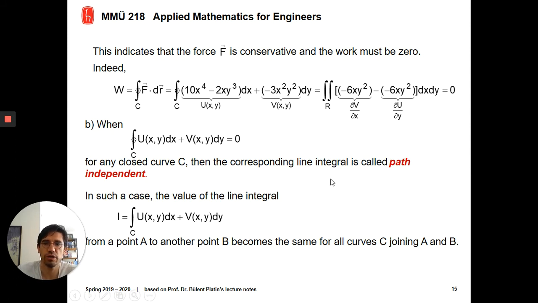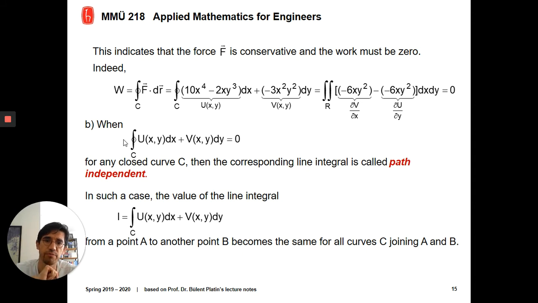And now we're going to the B part. It was asking us what is the work done, not in a closed loop, but if you start from the origin and go to (2,1). I'm free now, since I had pinpointed that my vector field is conservative and the line integral will be path independent.